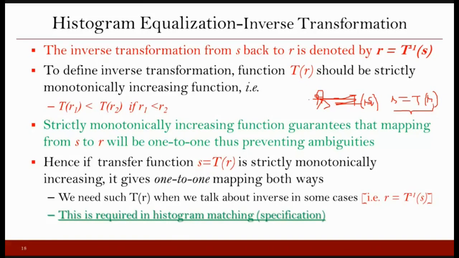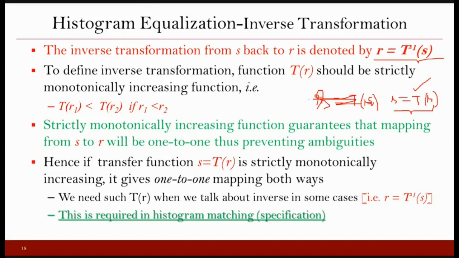But in some cases, we are going to discuss histogram specification. There's another application of the histogram for image enhancement, where we will also be computing the inverse using this transformation function.